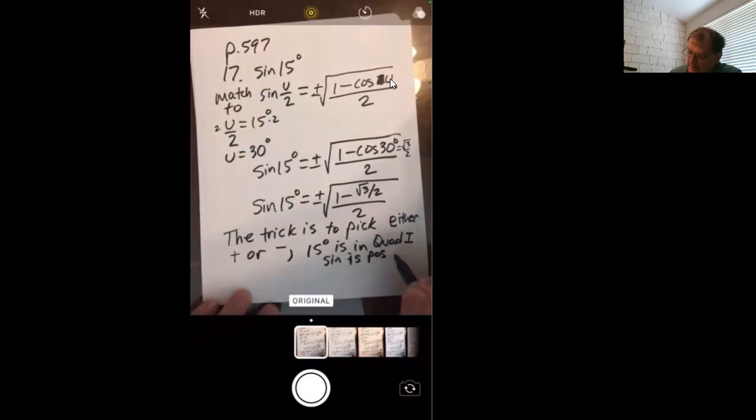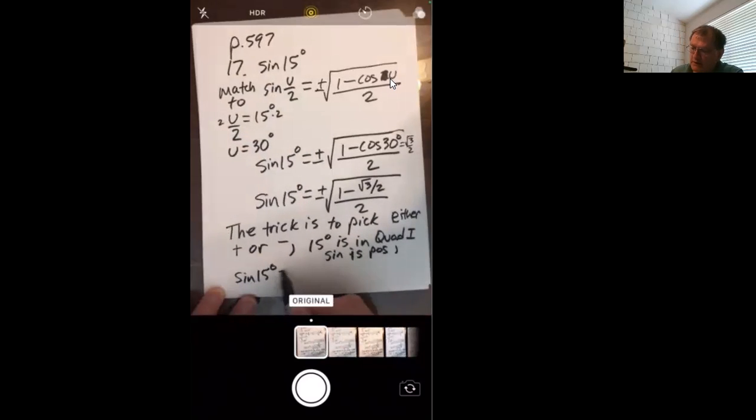So that makes sine of 15 degrees equal to positive, and you don't have to write the positive, big square root 1 minus root 3 over 2, all over 2.